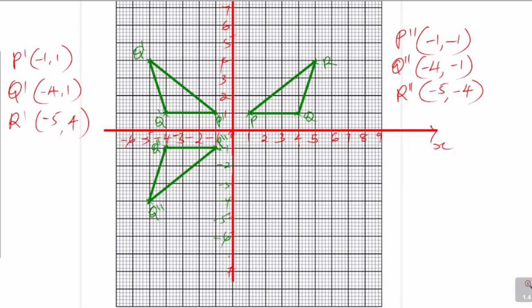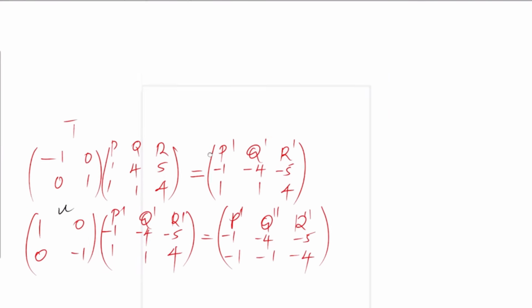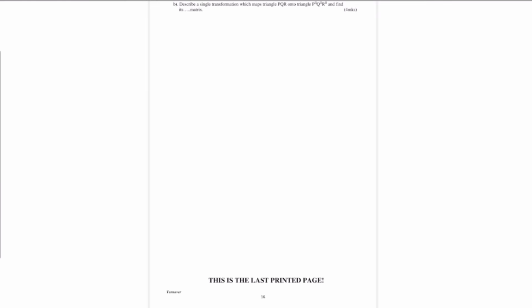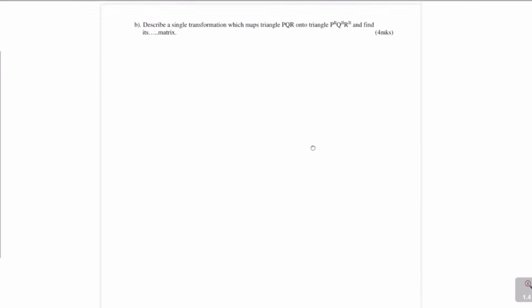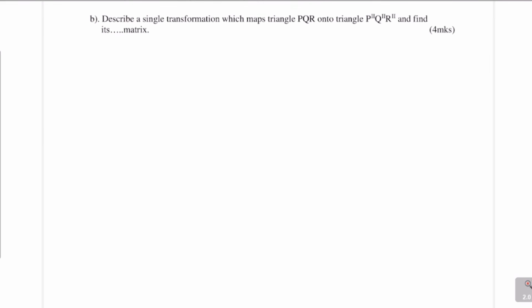The other question, let me check whether it is somewhere here. Actually, it is here, the last part. You're supposed to describe a single transformation which maps triangle PQR onto triangle P double prime, Q double prime, R double prime.